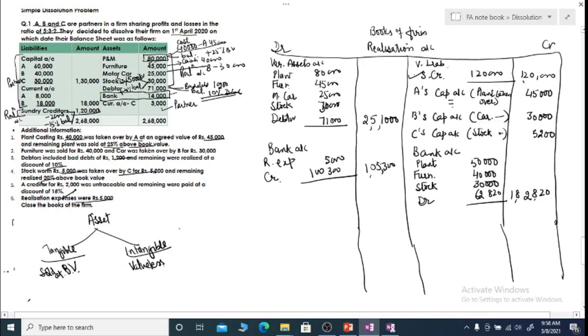But if you have, say, car or plant, you will sell them at book value. Like herein, if furniture, nothing is given, furniture will realize this value. But if a patent of 10,000 is given, and nothing is given in the problem further, at how much amount are we selling it, then we will assume that it is valueless, we won't fetch anything.